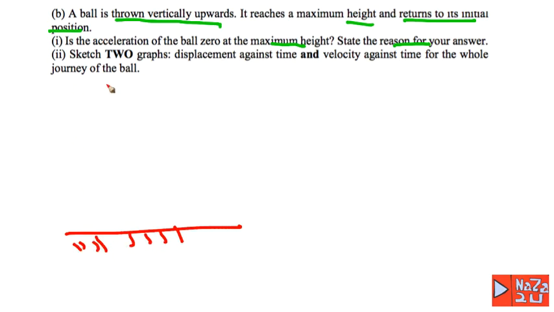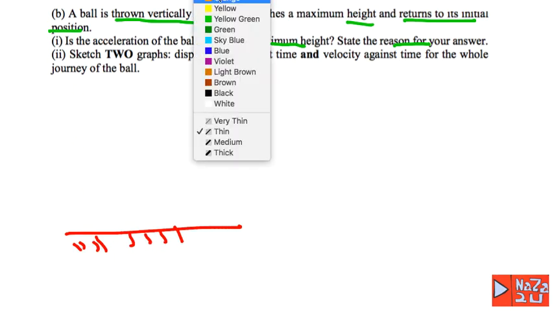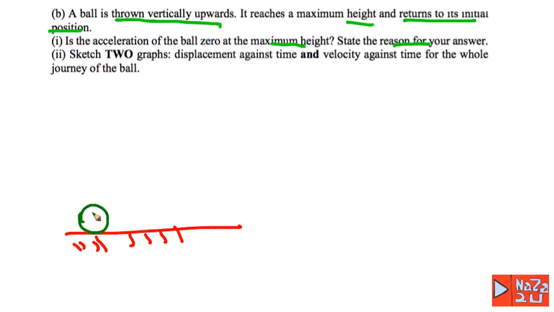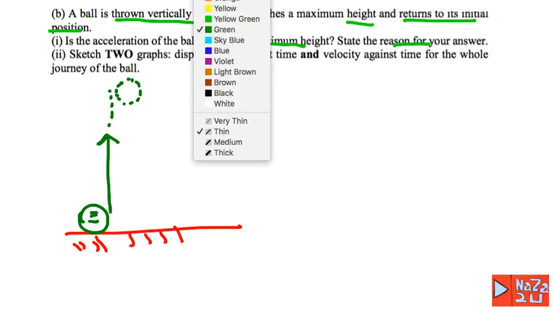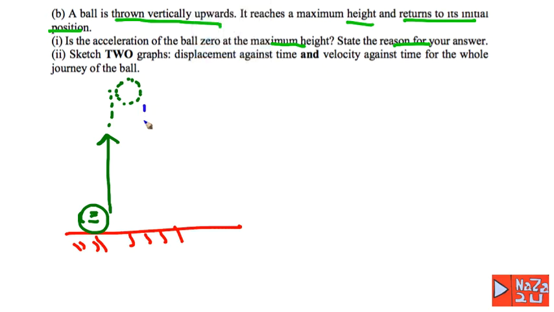You start throwing the object vertically upward. So this is the direction of the ball to the upward, and at the maximum height the ball stops for a while, and after that starts moving downward.